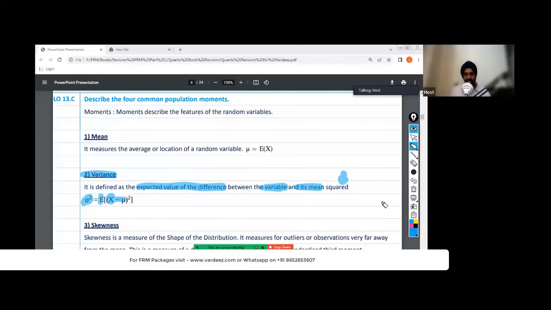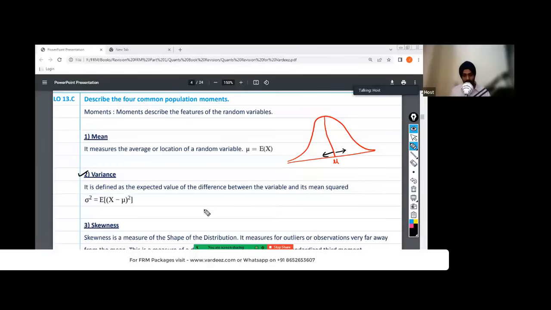If I have to draw it diagrammatically, if this is my distribution, then in the center is my mu, or the mean, and the variance is how dispersed my data is, how spread out my observations are. That is what variance is all about.